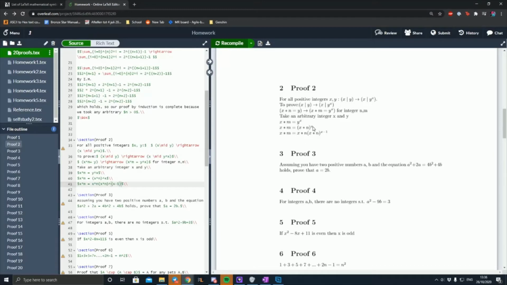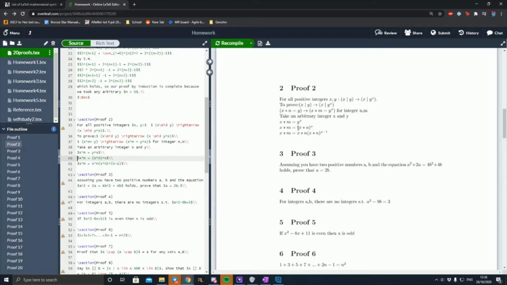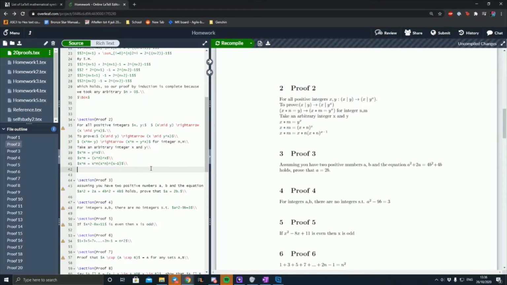In this step, it might seem a little hasty, but we just take one of these x times n's out of these brackets, out of this power function, and we put it in front of it. And then we can say n prime is equal to, and then we take this entire second part.